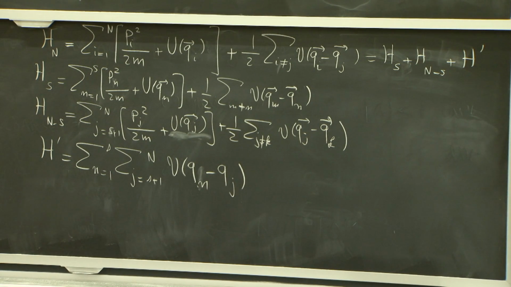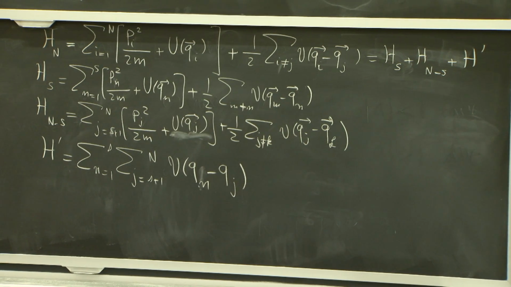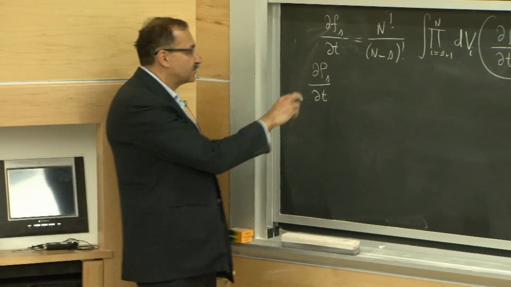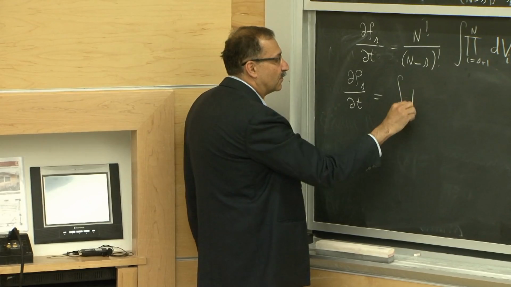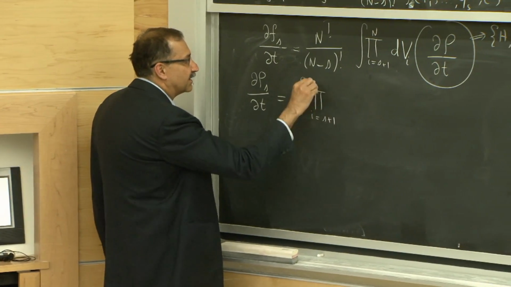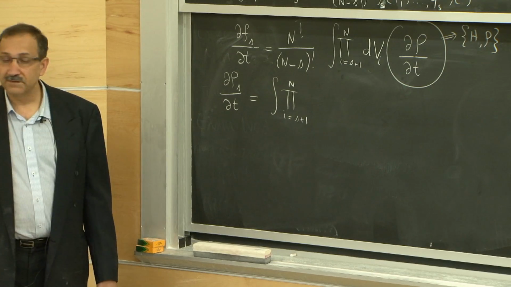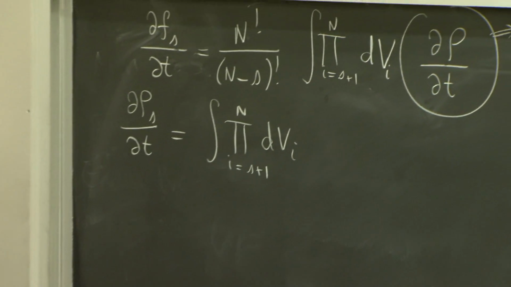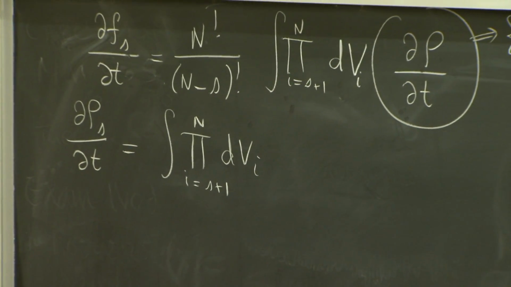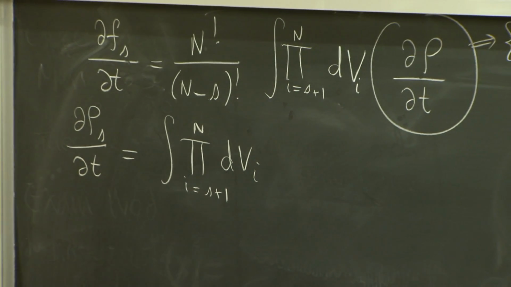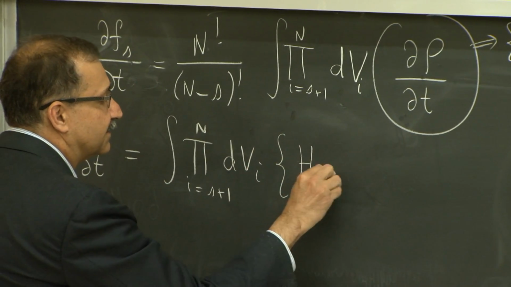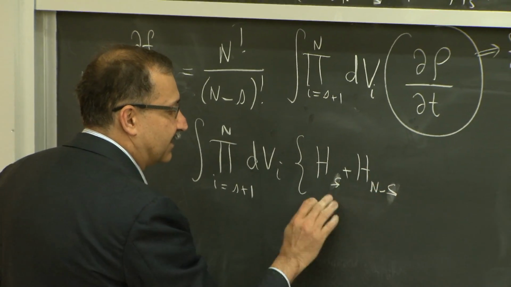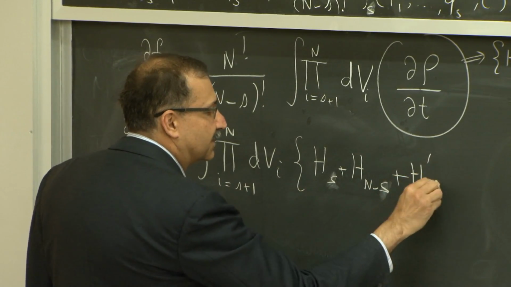So let me rewrite this equation rather than in terms of f, in terms of the densities, the probabilities rho. So the difference only is that I don't have to include this factor out front. So I have the integral over dV_i of d rho by dt, which is the commutator of H with rho, which I have been writing as H_s plus H_{N-s}, plus H prime, and rho.